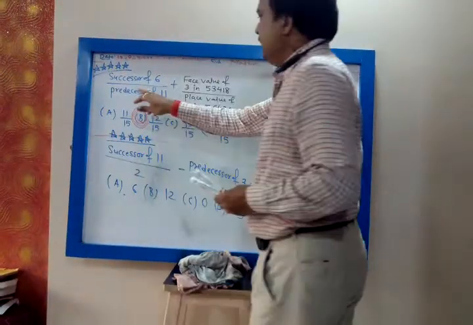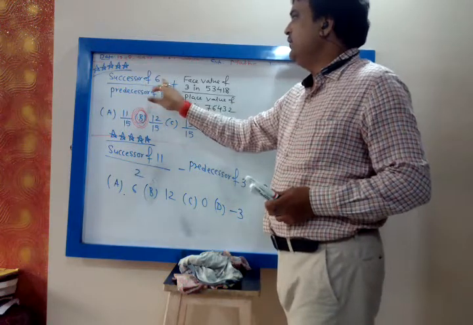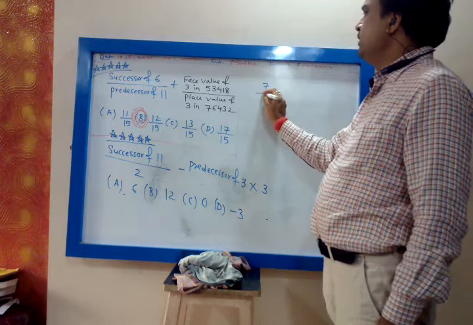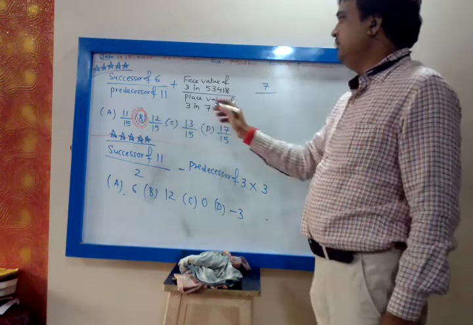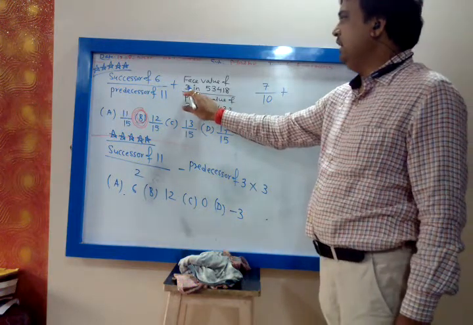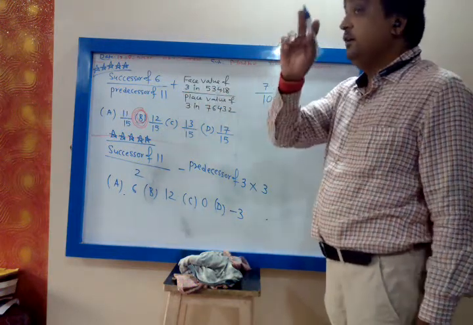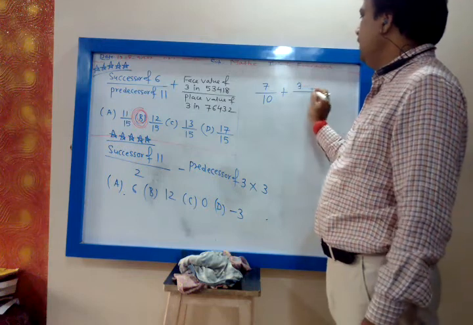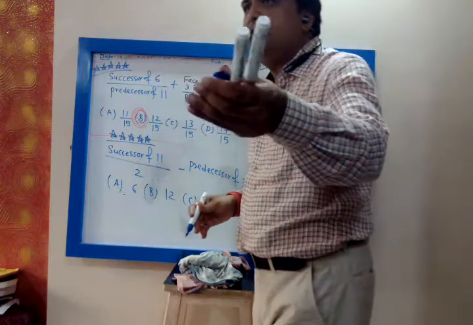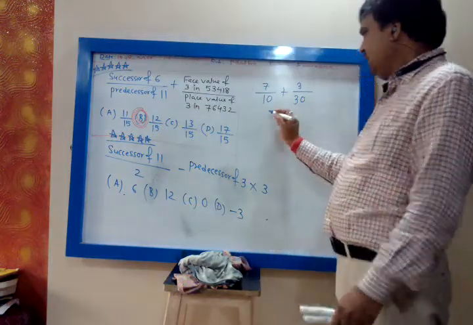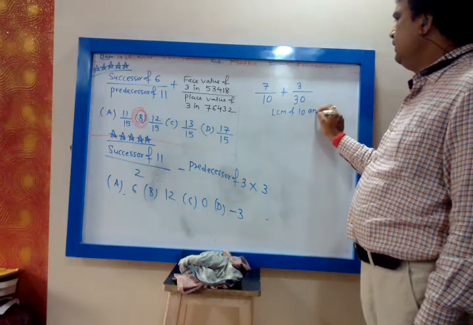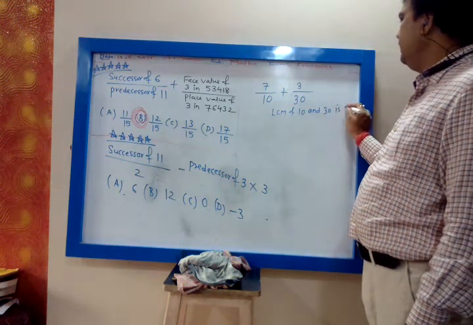See here. One minute. Successor of 6. What is the successor of 6? 7. Predecessor of 10 plus face value 3 upon place value 30. Now, just now today you have studied, so LCM of 10 and 30 is 30.